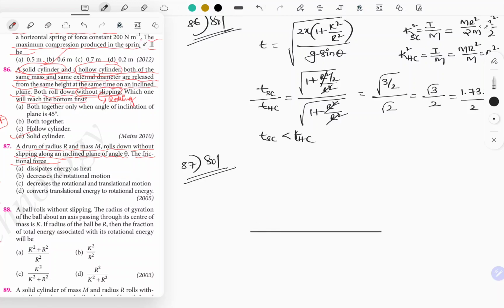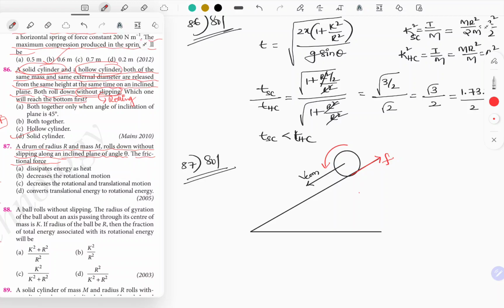Let me consider like this. This is an inclined surface and one object is rolling here. If this object is trying to move with some velocity, this is the velocity of the center of mass, as friction is present, friction will act on this object in the opposite direction. As friction is acting in the opposite direction, this is going to rotate.